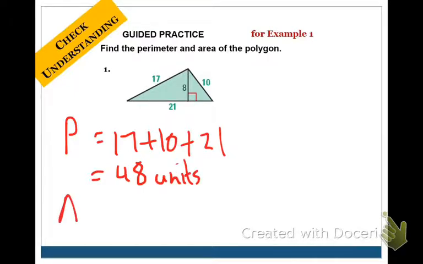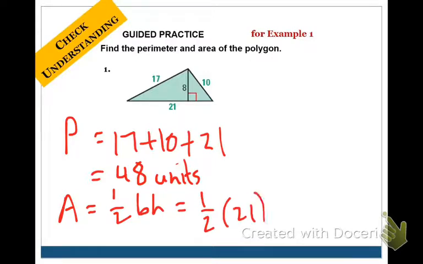Area. What's the area formula for a triangle? Aaron, what's the area formula for a triangle? 1/2 base times height. All right, so that's going to equal 1/2 times 21 times the height, which is going to be what, Carly? 8.